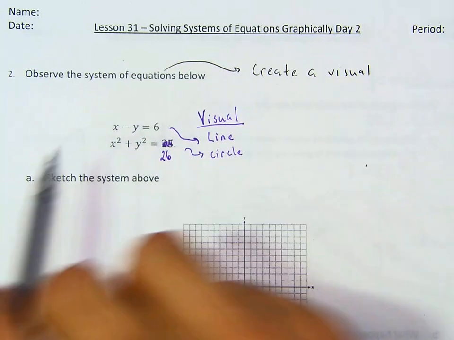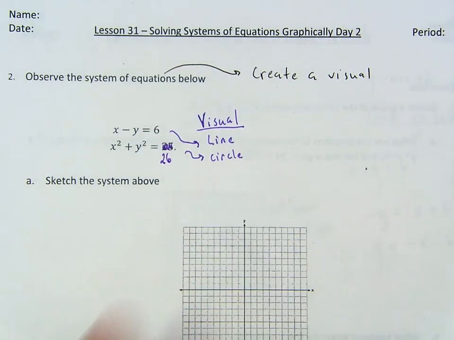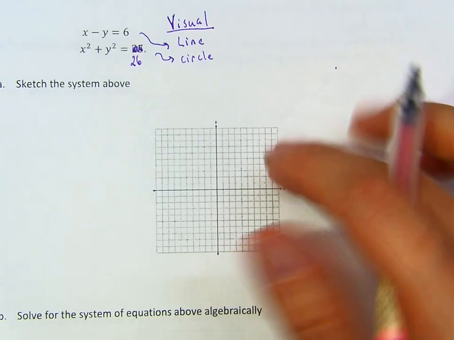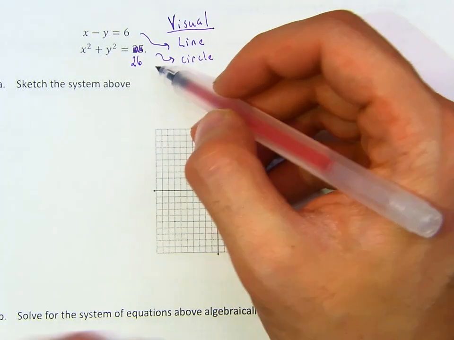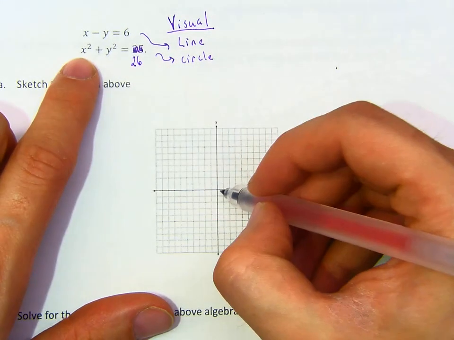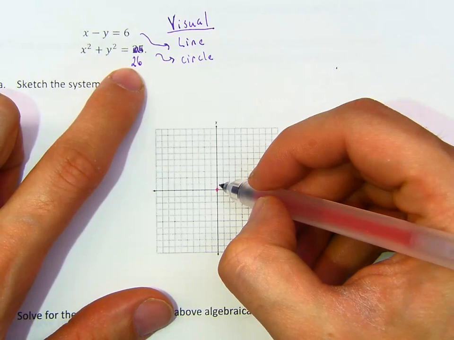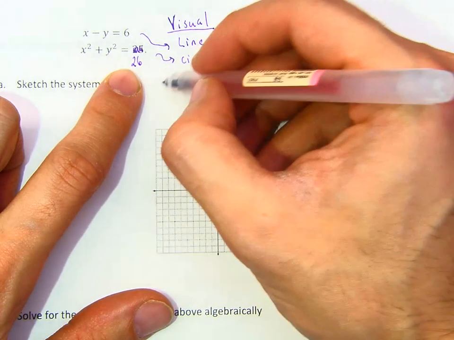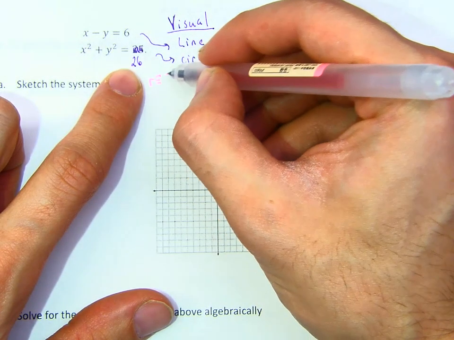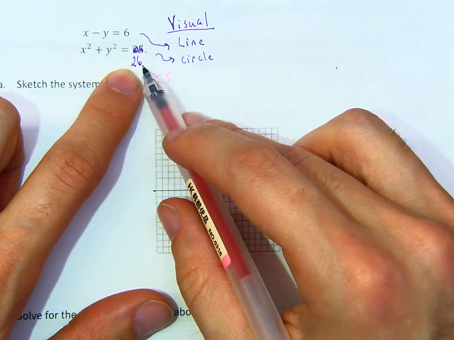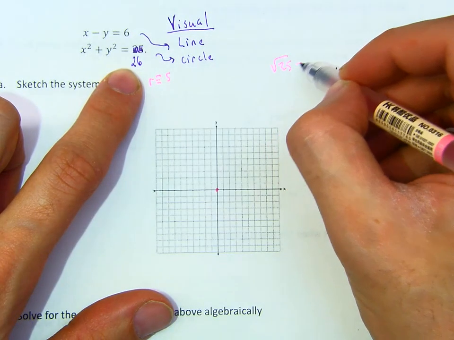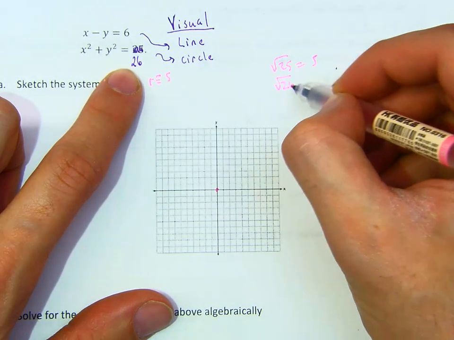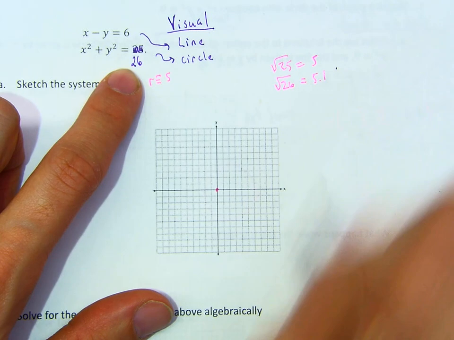So let's try and sketch what this graph will look like. So here, how do you actually draw this circle? What's the center? It's 0. And what's the radius? The radius is, r is equal to, it's close to 5, right? Because square root of 25 is 5. So the square root of 26 is like 5.1 or something.